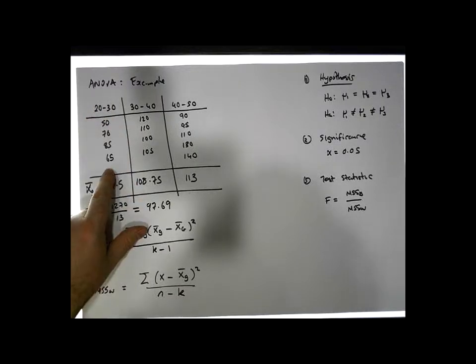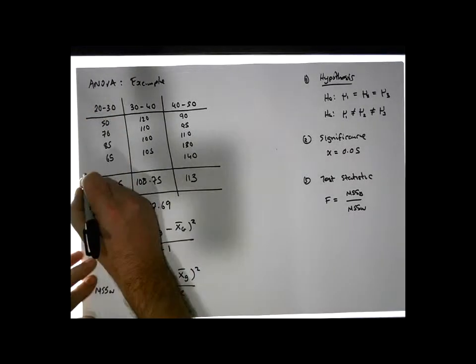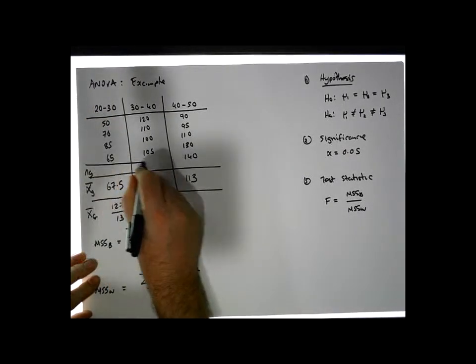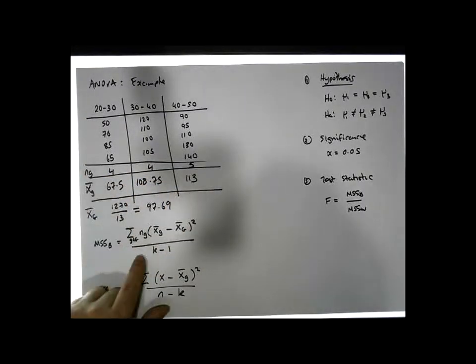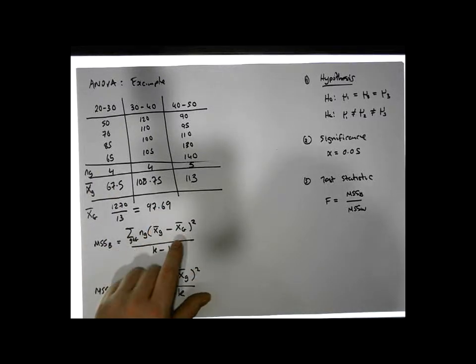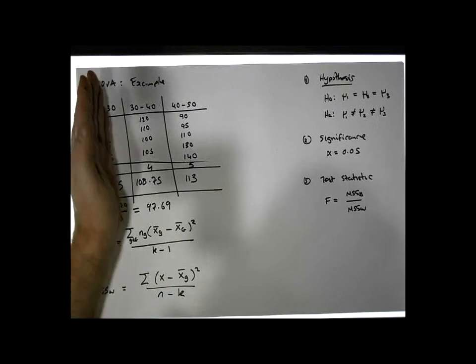The group sizes, n of G, are 4, 4, and 5. We have the individual x bars and the global mean, and we know how many groups there are: 1, 2, 3 groups.